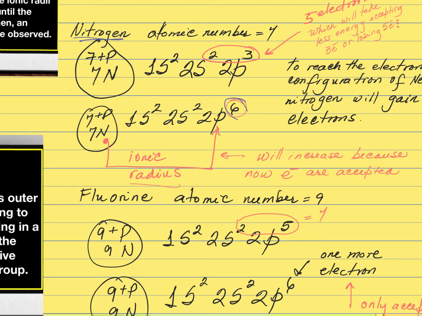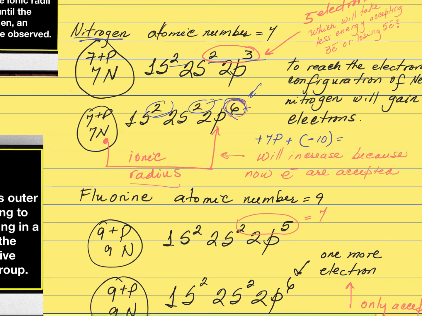Okay, let's do the math. So now you have 7 protons in the nucleus, plus, but now you don't have 7 electrons, because nitrogen accepted 3 more, and if you count that over here, you have 2 plus 2 plus 6, that's 10 electrons that are negative.